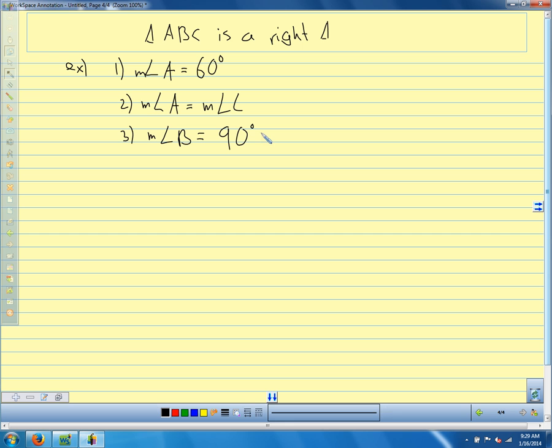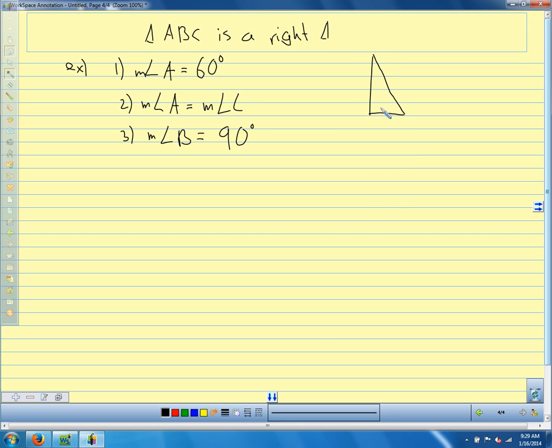And we want to know which of these two are contradictions. Which of these two cannot happen at the same time. So hang on for just a second, let everybody think about it for a minute. So the first one says the measure of angle A is 60 degrees. Third one says the measure of angle B is 90 degrees. And the second one says the measure of angle A and measure of angle C are both 60. And we know that this is a right triangle. So let me draw a picture.